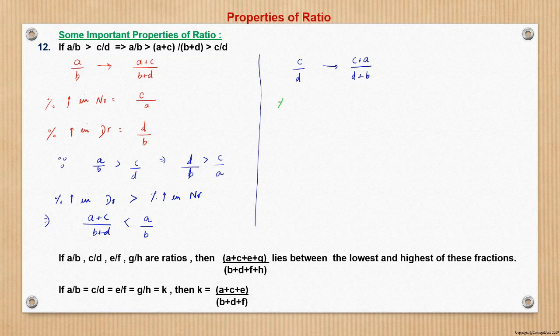Here, what is the percentage increase in numerator? The numerator increases from c to c plus a, that is, the increase is a as a percentage of c, right? And the percentage increase in denominator is what? The denominator increases from d to d plus b, that is, the increase is b upon d.